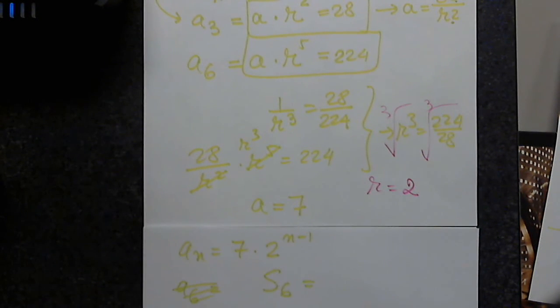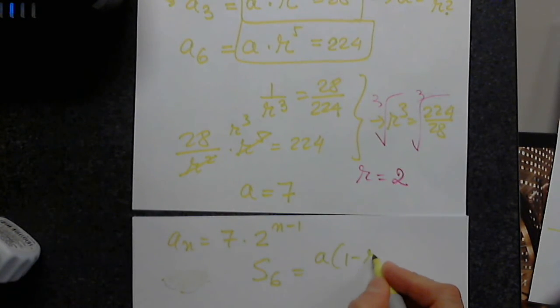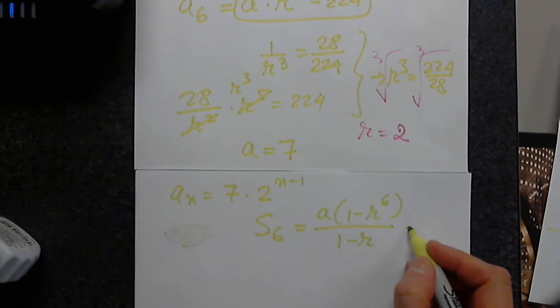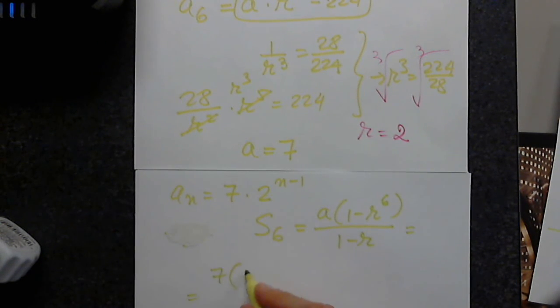Therefore, S6 is a piece of cake, right? Knowing the formula, which is A multiplied by 1 minus r to the 6th power over 1 minus r. So then A is 7, 1 minus 2 to the 6th power over 1 minus 2.